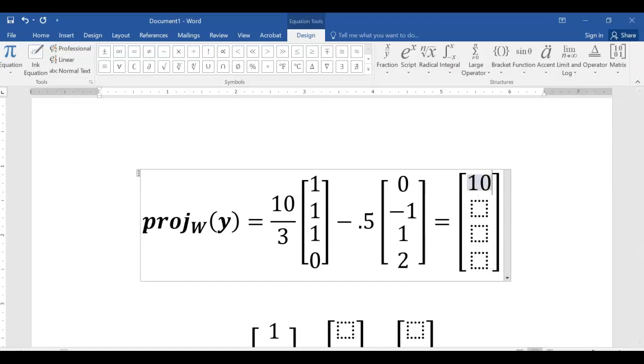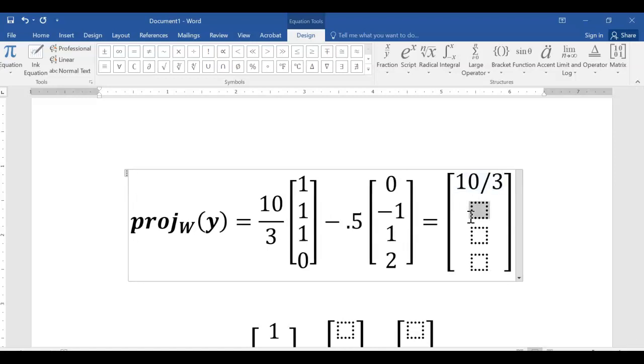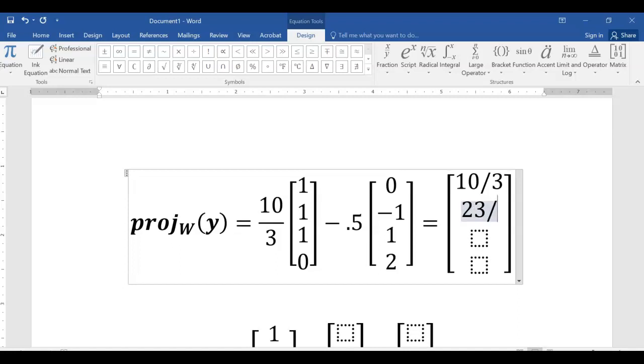So we get 10 thirds is the first entry. When you take 10 thirds times 1 minus 0.5 times -1, you get 23 over 6. By the way, that's going to be 10 thirds plus a half.